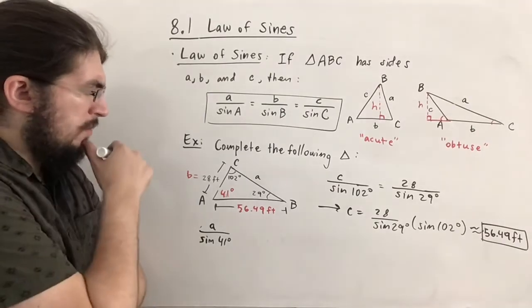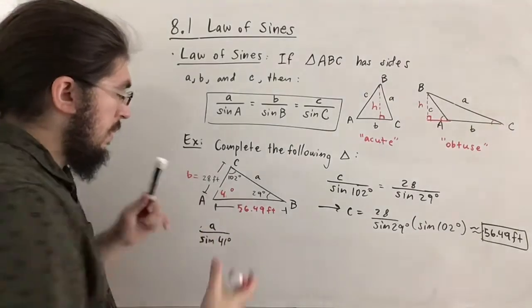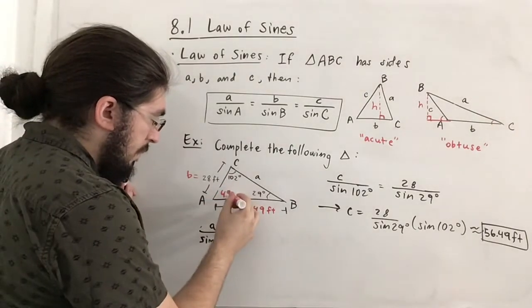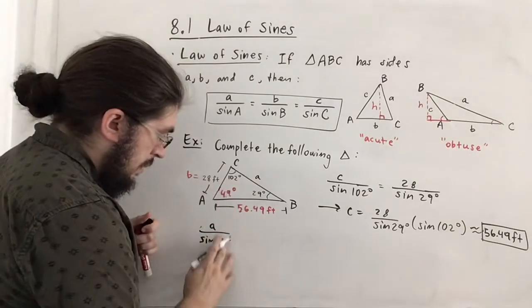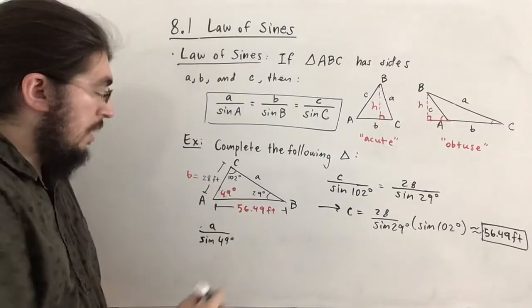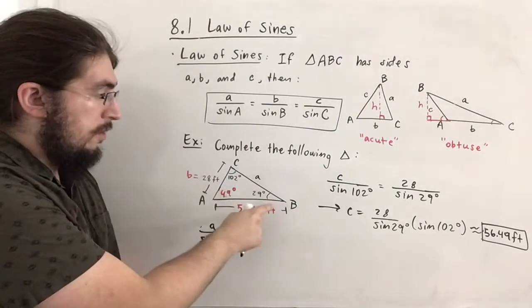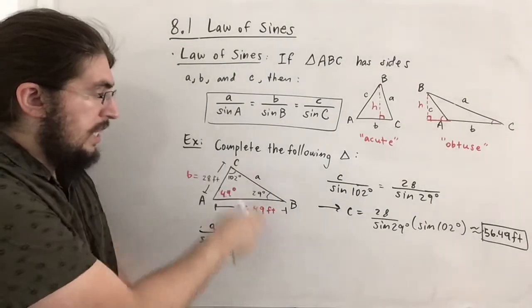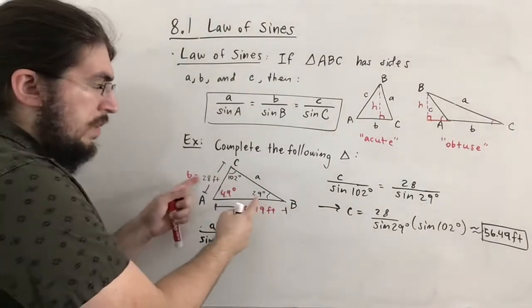I'm sorry, it wasn't 41, it was 49 is what I said, but I wrote 41. Sorry about that. All right, well that sounds better. So now A over sine of 49 is equal to either C over sine of C or B over sine of B. I'm just going to use B over sine of B because those were given already.